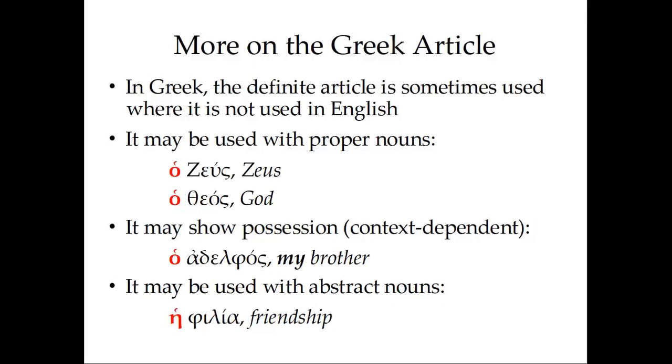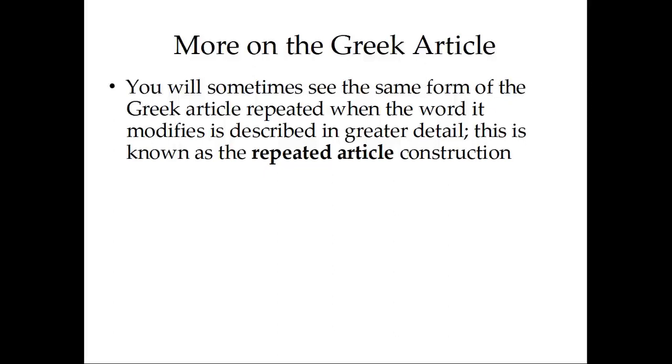Often with feminine nouns. The he, you notice, is a little different in form than the other forms of the definite article. It's because it's the feminine singular nominative form.